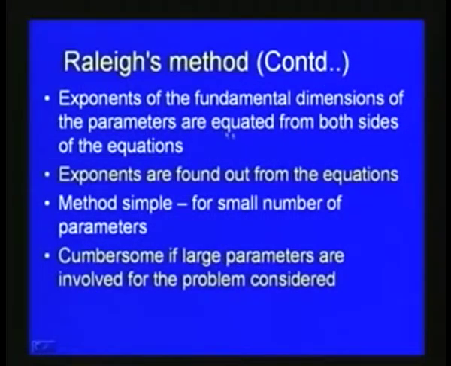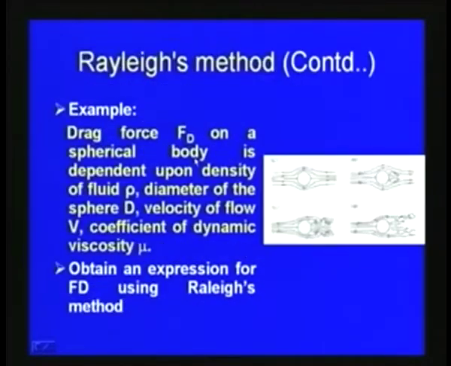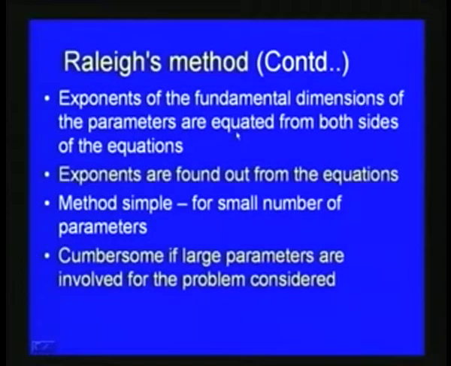With respect to this we have unknown exponents, as we have seen in the previous slides. In Rayleigh's method, the exponents of the fundamental dimensions of the parameters are equated from both sides of the equation. We will discuss this further with an example.